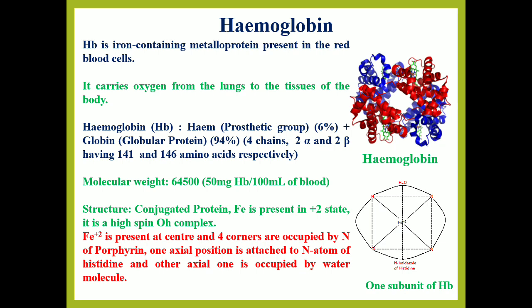It adopts an octahedral structure, so the 2 axial positions are occupied with different molecules. One is attached with the imidazole nitrogen of a histidine molecule, and the other is occupied with water. This is one subunit of hemoglobin. Hemoglobin contains 4 subunits in one molecule.